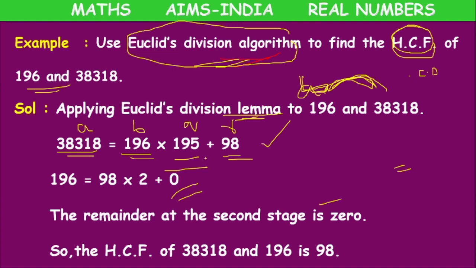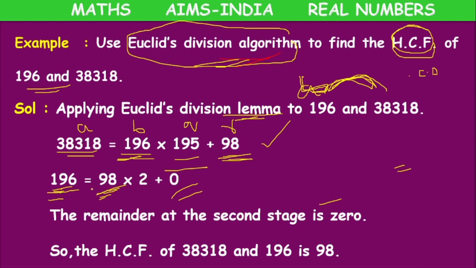So in the second process, this divisor 196 will become the dividend, and this remainder will become the divisor.